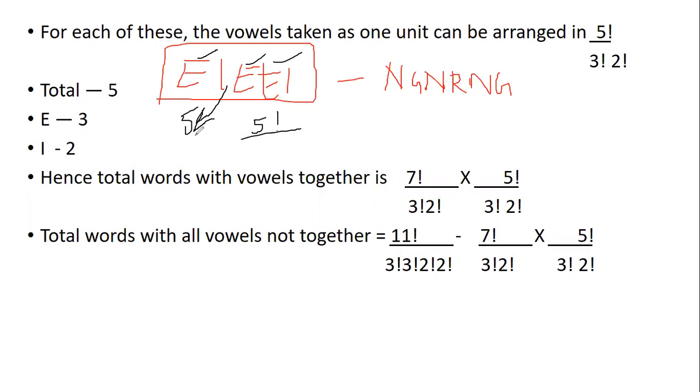Now out of these 5 vowels, E is repeated 3 times, E, E and E, and then I is repeated 2 times.